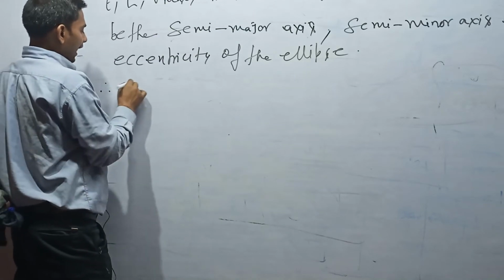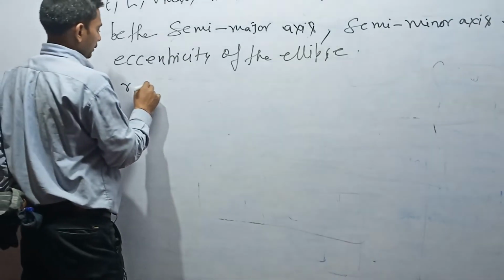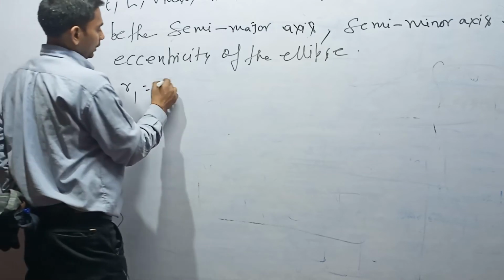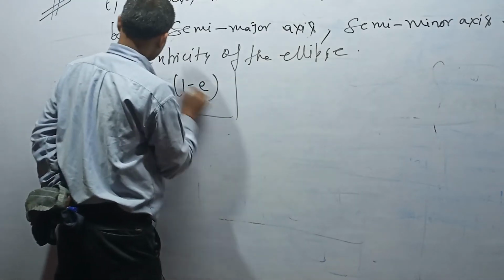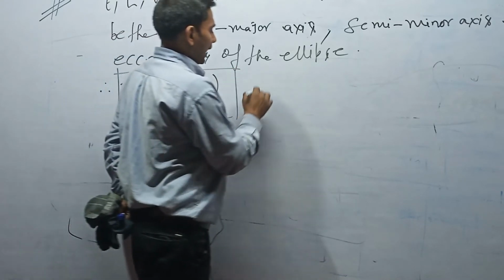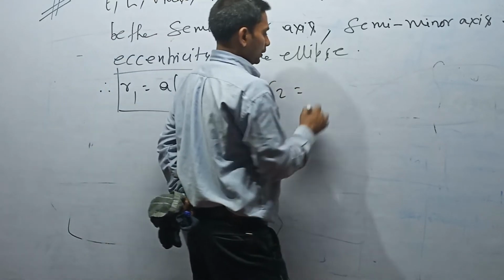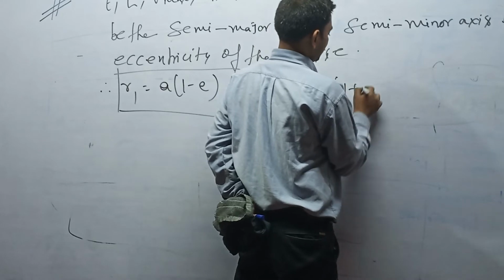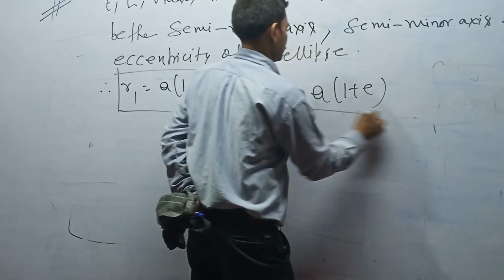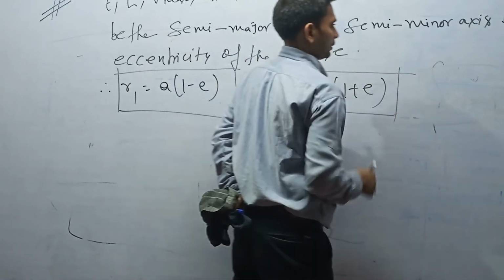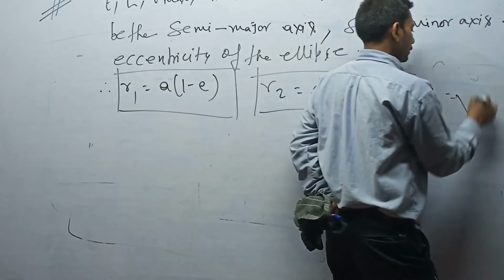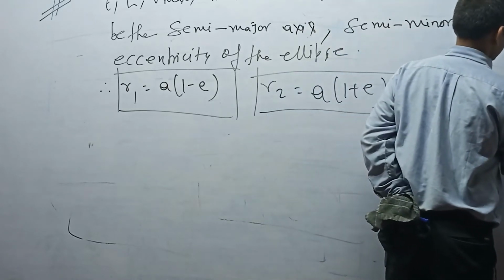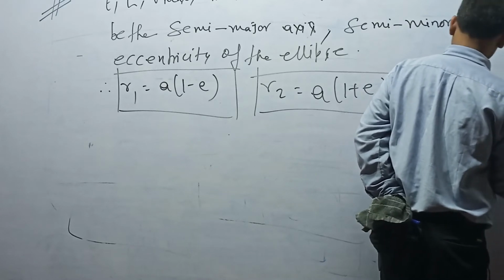We know that R1 is equal to A(1 minus e), R2 is equal to A(1 plus e), and e is equal to under root 1 minus B square upon A square.